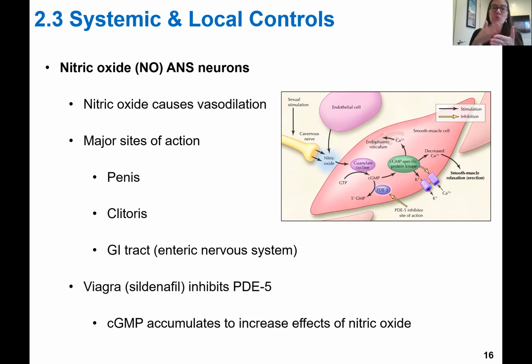And you most often see them in the penis, the clitoris, and a lot of the GI tract. And so it's nitric oxide that is released from the end of the neuron that causes vasodilation. You can also have endothelial cells themselves that produce nitric oxide that can cause vasodilation. So this is the main mechanism for erection in the penis and the clitoris.